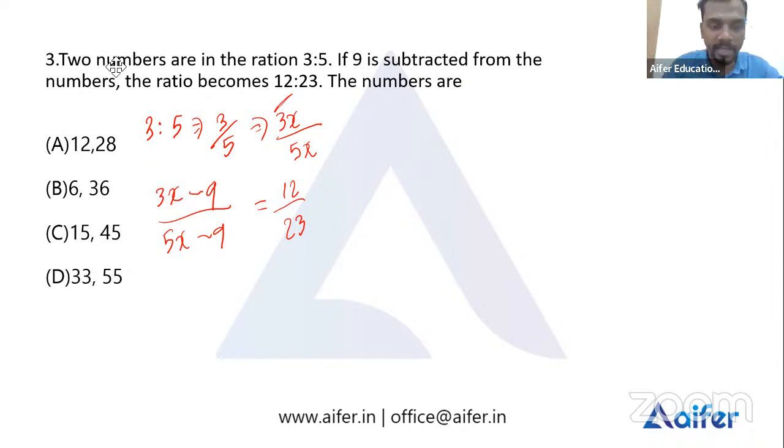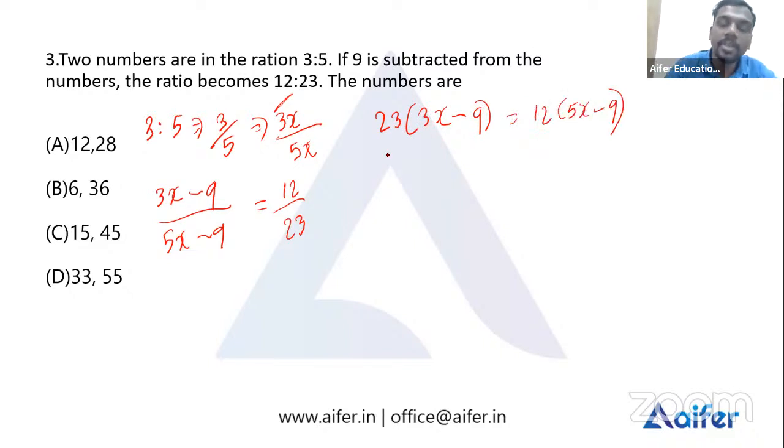So we'll be cross multiplying it. We have 23 into 3x minus 9 is equal to 12 into 5x minus 9. So 23 into 3x, 69x, minus 9 into 23, we have 207.